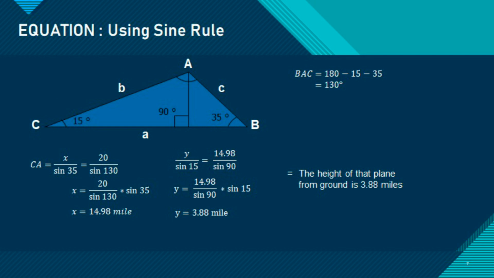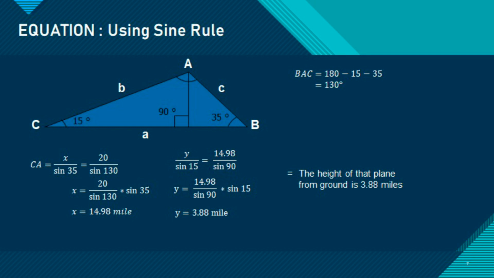After I get the side CA, we can set up an equation to get the distance from A to the ground, which we call y. So my equation is y over sine 50 degrees equals 40.698 miles over sine 90 degrees. y equals 40.698 over sine 90 degrees multiplied by sine 50.